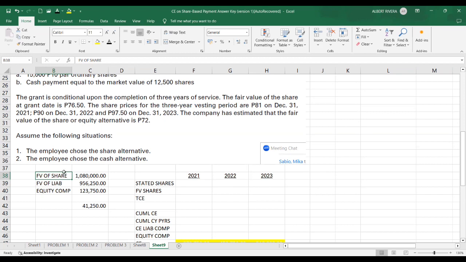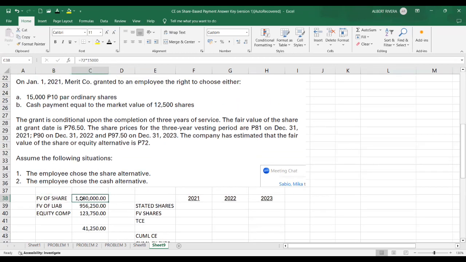So, nasan tayo? Ito. So, that would be 15,000 shares times the fair value of the company, the fair value of 72. Okay? And that is now your equity alternative. Again, you will always start, okay, at the amount of the compound financial instruments. And the amount of financial instruments is the fair value of the equity alternative.